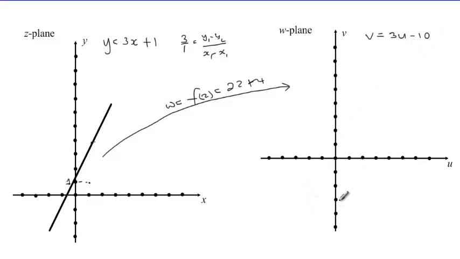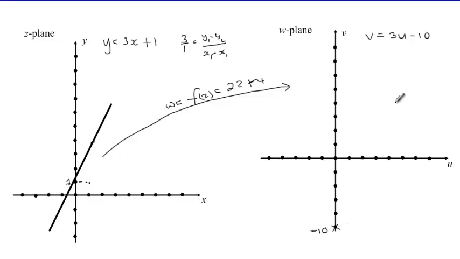Now, we see that the intercept on the vertical axis is at minus 10. So maybe we need a different scale here. We can say 2, 4, 6, 8, 10. Let's say we've got our minus 10 here, which is our cutting point for the line.